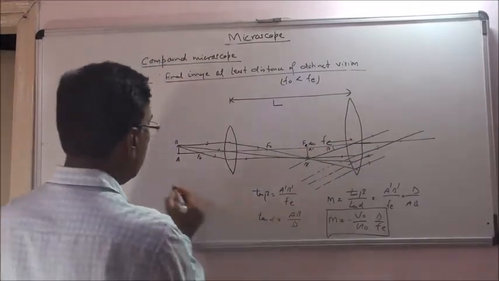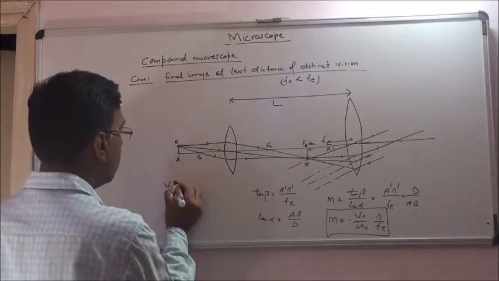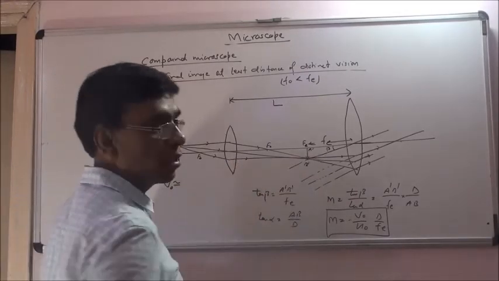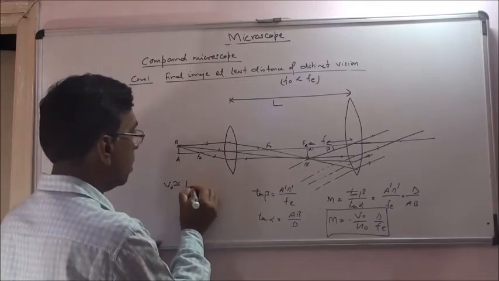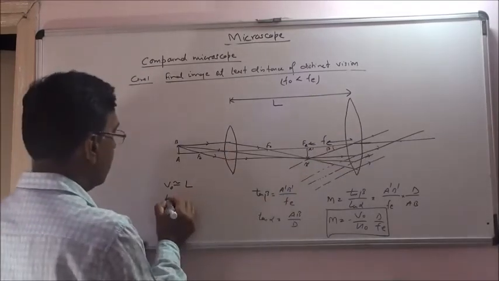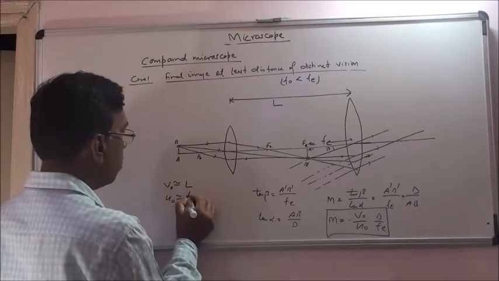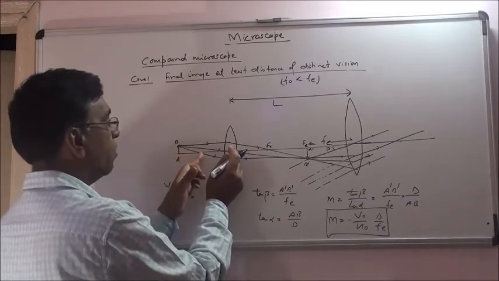So actually VO, this distance, is almost L, and UO is also almost equal to FO. This is kept very close.